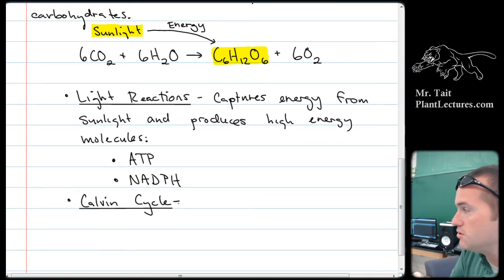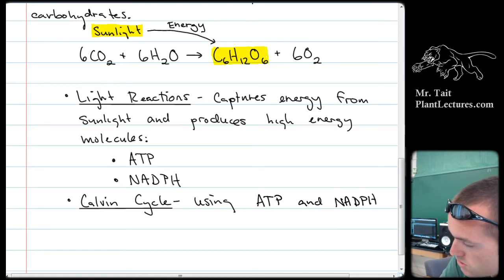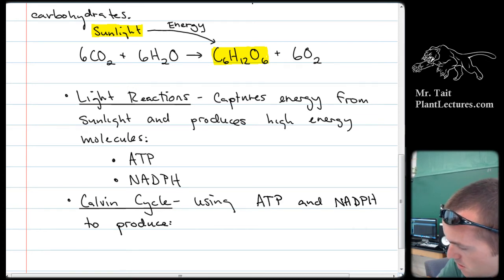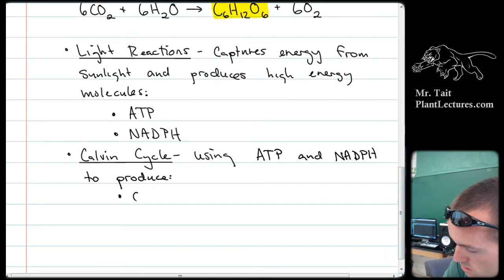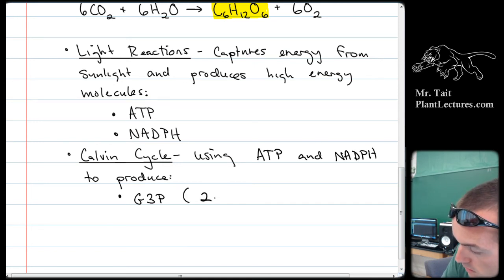The point of the Calvin cycle is to use the ATP and NADPH that were just made in order to make sugars, using ATP and NADPH to produce G3P, okay, and then G3P can become glucose. 2 G3P can make a glucose.